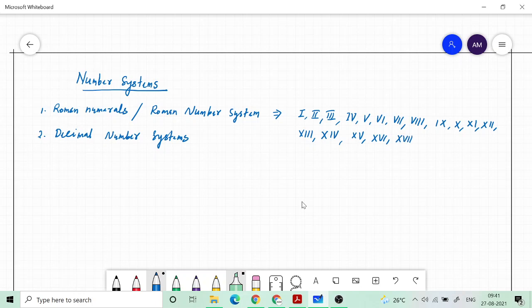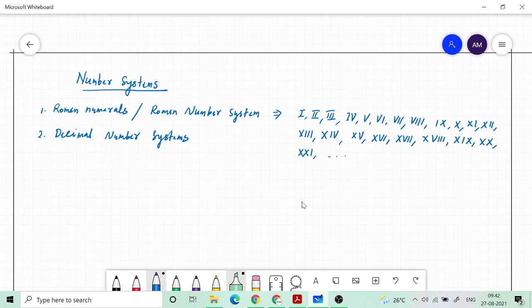Then this one is possible, then this one is also possible, and we can have this one. Okay, so we can still go on without violating any rule. Then you have XX, then XXI. So this way you can continue.